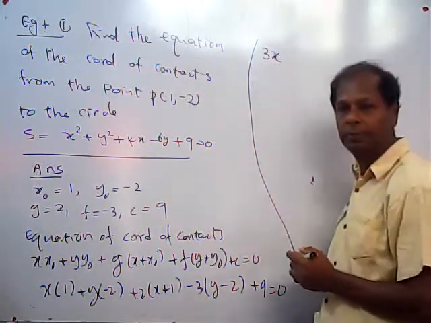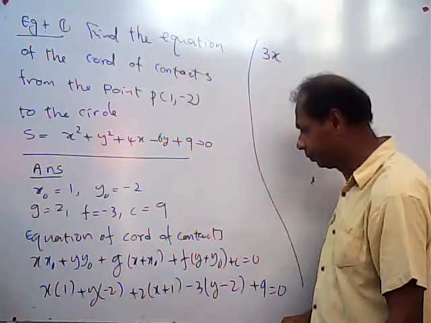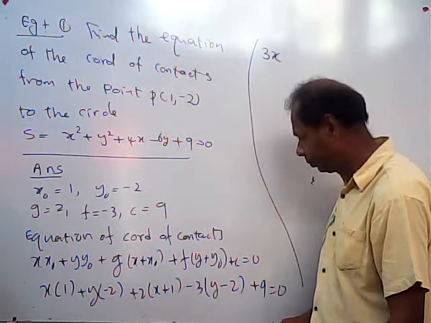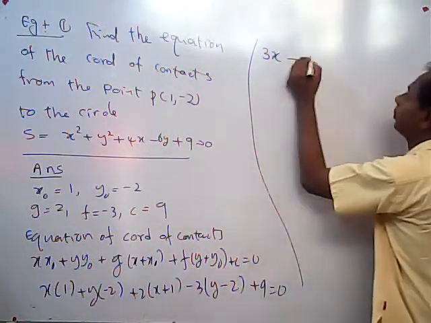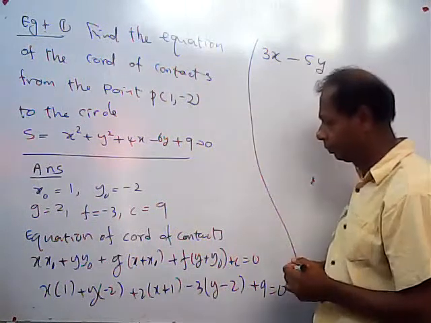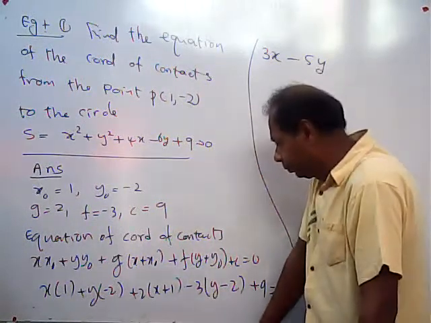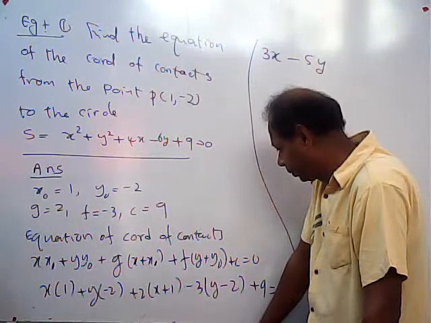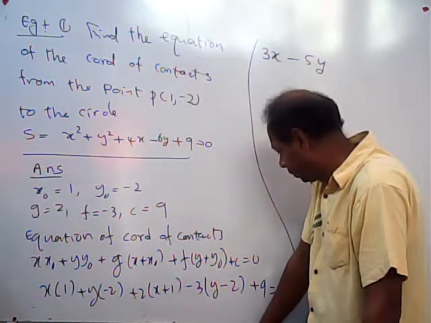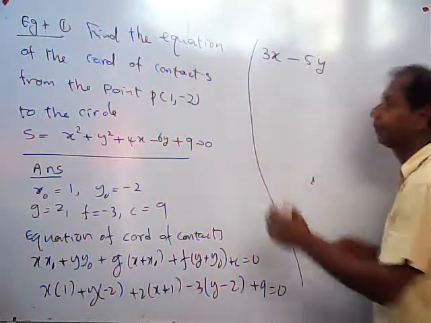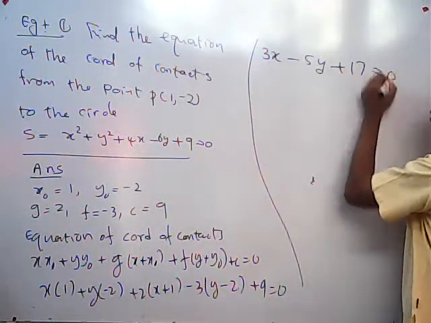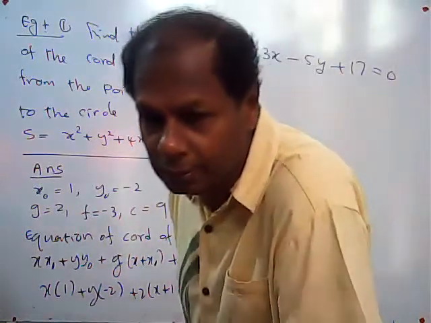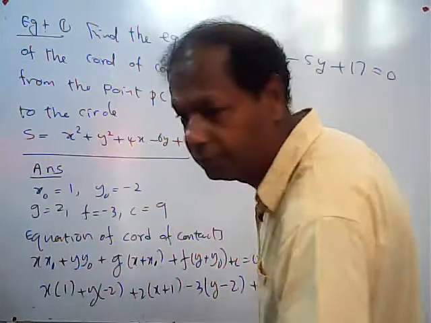Yeah, your answer finally. What is it? 3x minus 5y plus 17 equals 0.